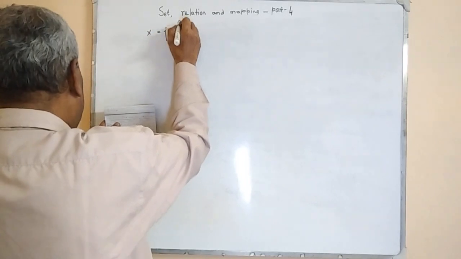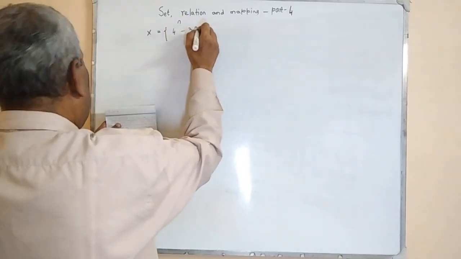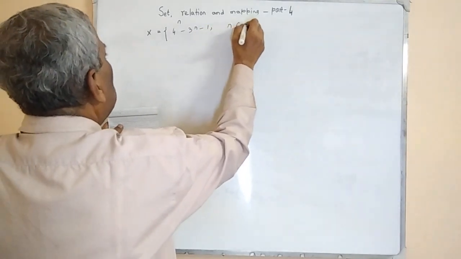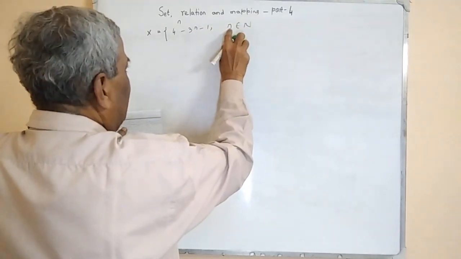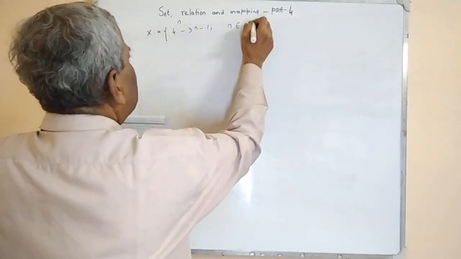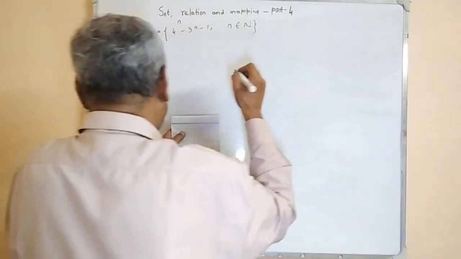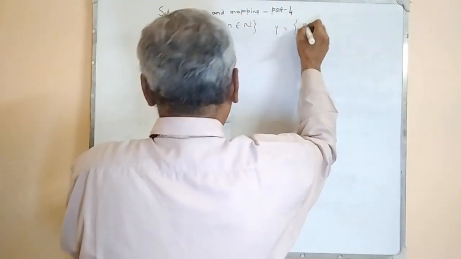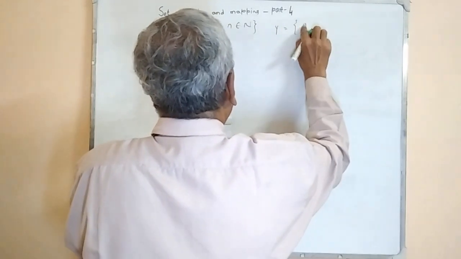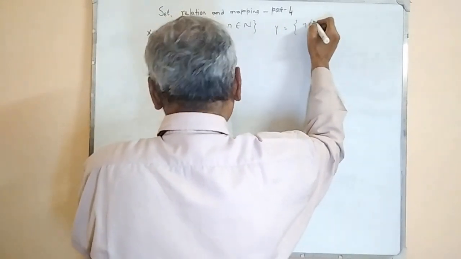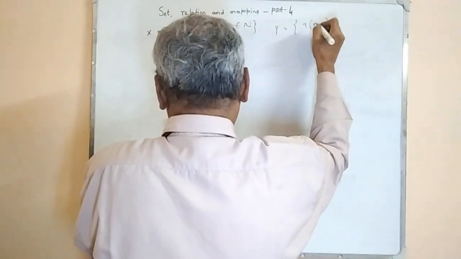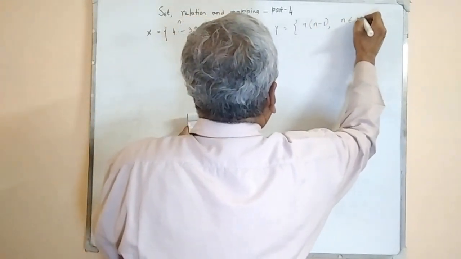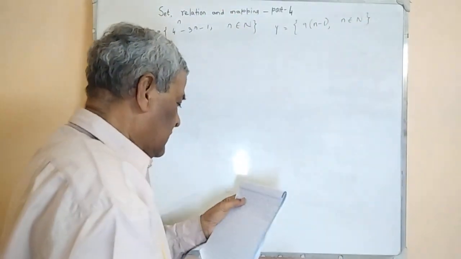X is 4 to the power n minus 3n minus 1, n belonging to capital N, means the set of natural numbers, and Y is 9 into n minus 1, n belongs to capital N, same meaning.